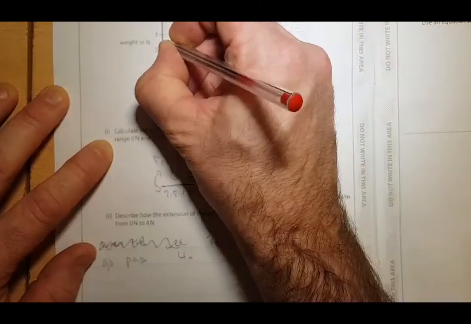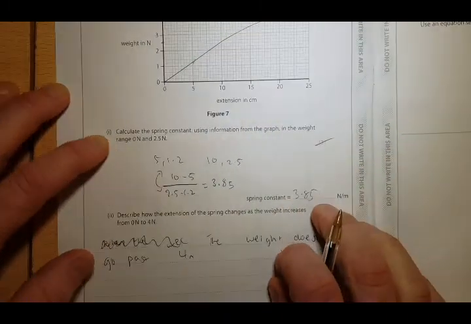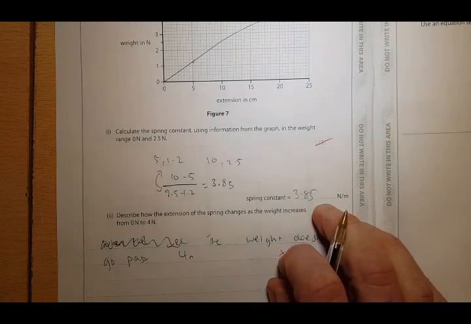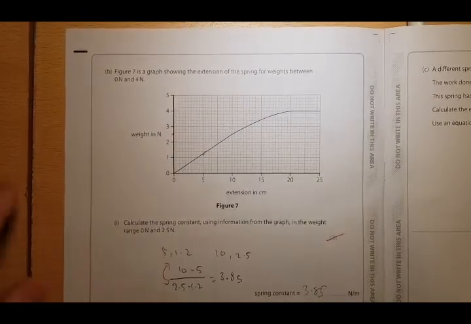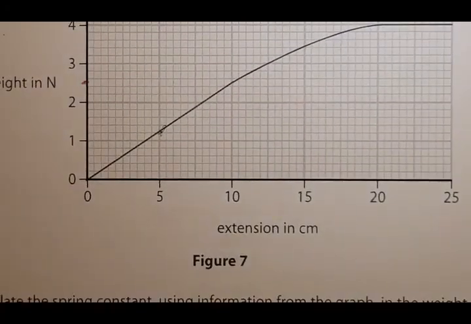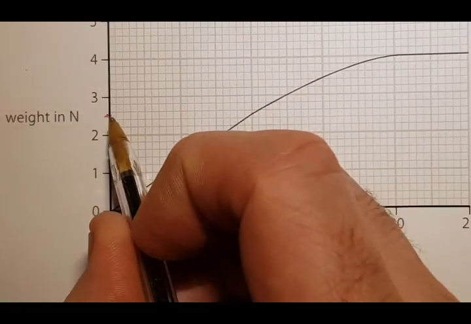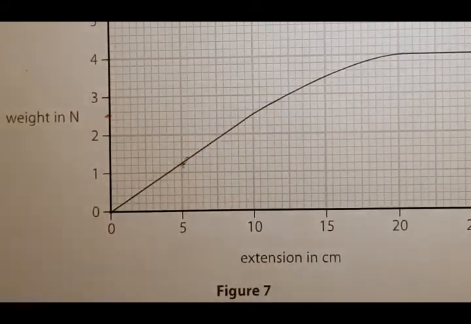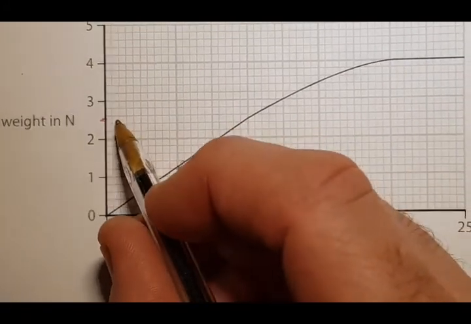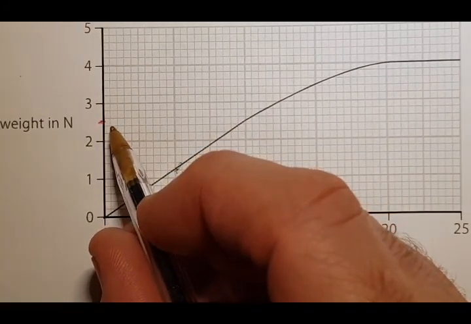2.5 newtons is here. If I just zoom in, you can see it's between squares there, because each square is 0.02.